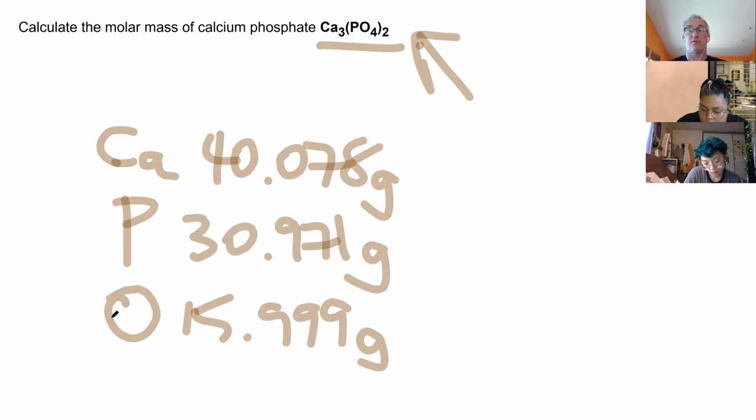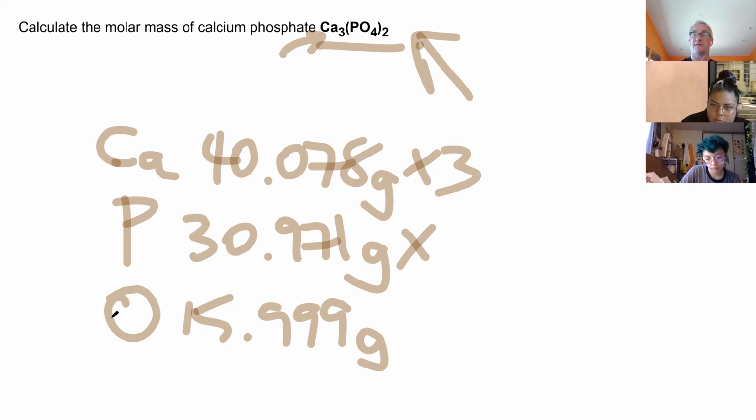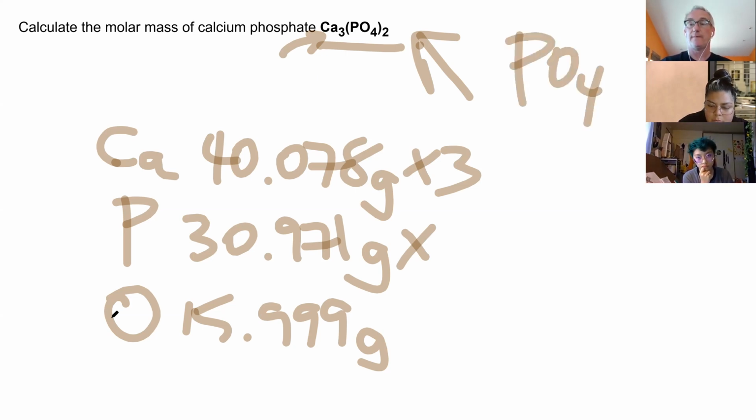3, because you can see it right there. The number is 3. That's fairly obvious. What about phosphorus? How many? 2, that's right. If the number is in brackets and outside of it, we multiply everything inside by 2. This is what's called a phosphate ion, PO4 minus 3. We'll learn about how to do charges a little later as well.